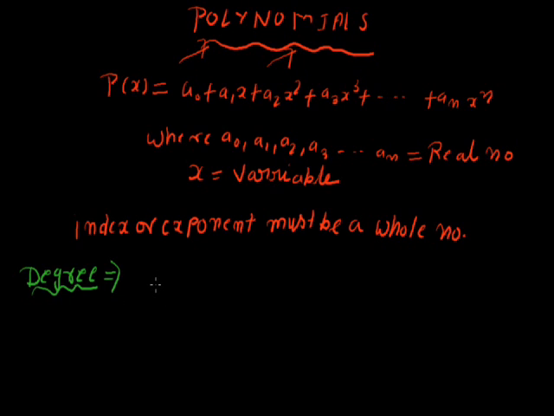Here our polynomial is defined in variable x, so we have to check the highest exponent of the variable x. By looking at this expression we can see the exponent of x is n, which is maximum, so the degree of this polynomial is n.